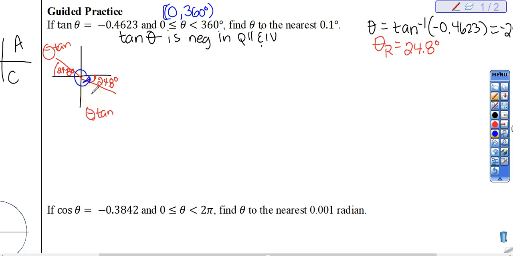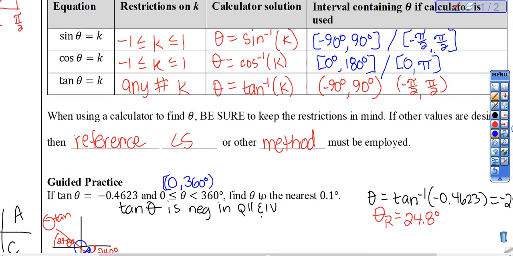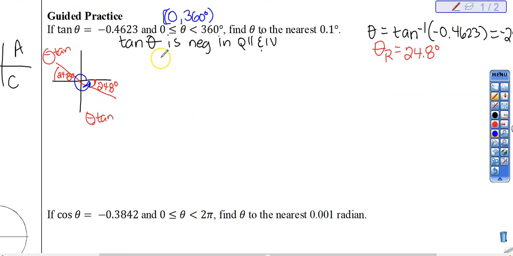Okay, so tangent is negative 2 times, but the calculator doesn't give me both answers. Remind me, where does the calculator give me a solution for theta? Negative 90 to 90. So I'm going to grab my blue pen up, and I'm just going to go, okay, so my calculator solution for theta is from negative 90 to 90.